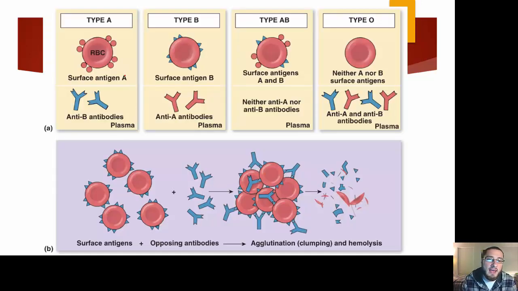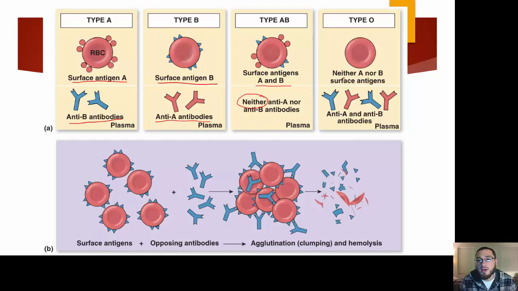If you have type A blood, you have surface antigen A, and then you have anti-B antibodies. Type B, you have surface antigen B, and you have anti-A antibodies. Type AB, you have surface antigens A and B, and you have neither anti-A nor anti-B antibodies.